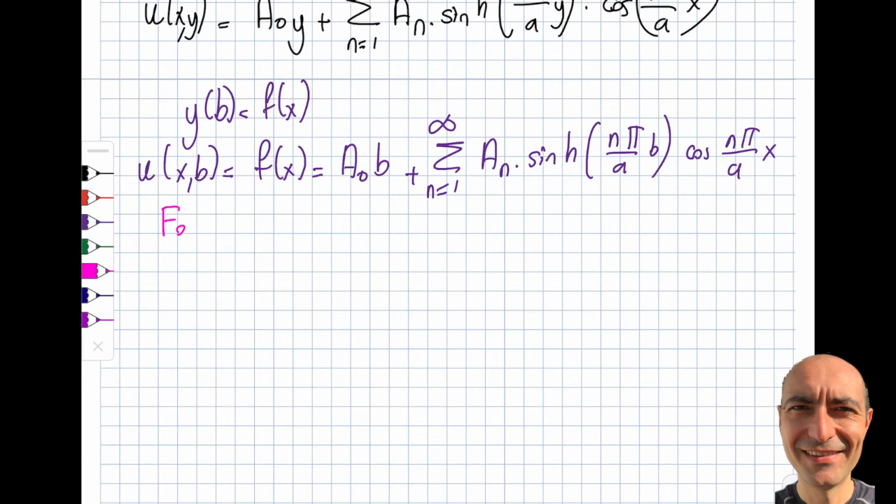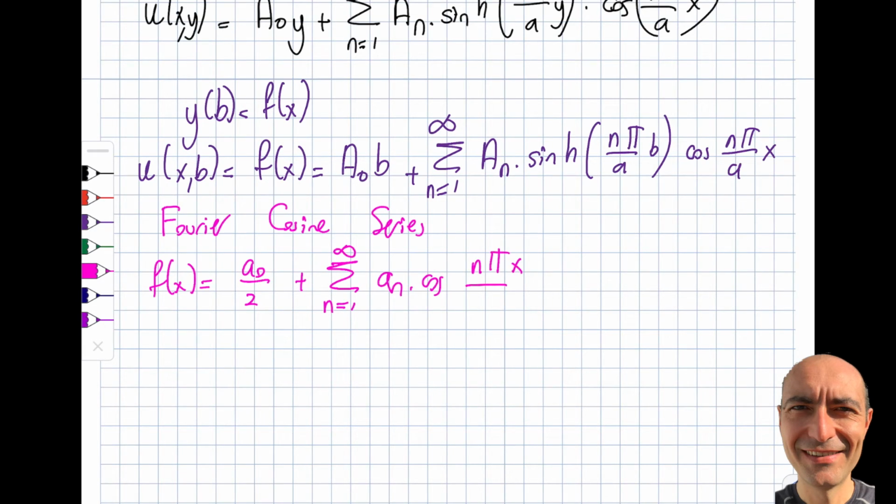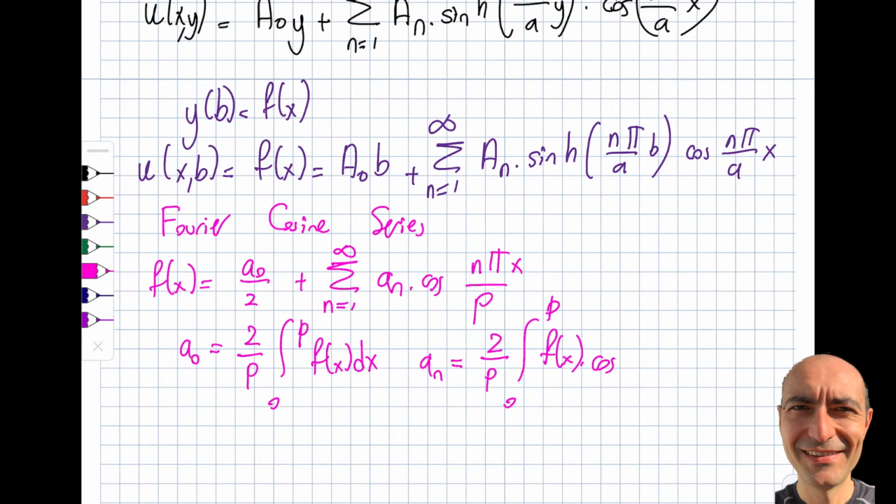So the Fourier cosine series. Let's take a look at it. f of x was a0 by 2 plus summation n equals 1 to infinity an times cos n pi x by p, where a0 will be 2 by p, integral 0 to p, f of x dx, and I had a sub n equal to, again, 2 by p, integral 0 to p, f of x, but now I multiply this by cos n pi x by p dx.